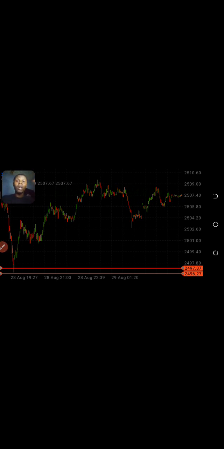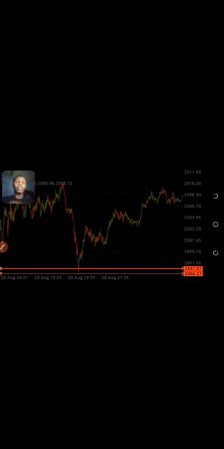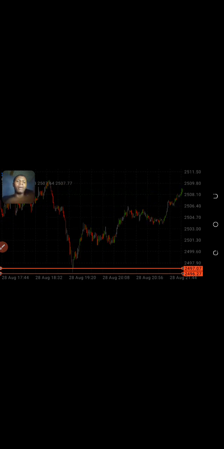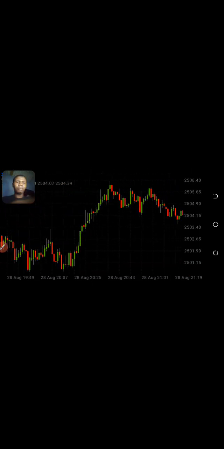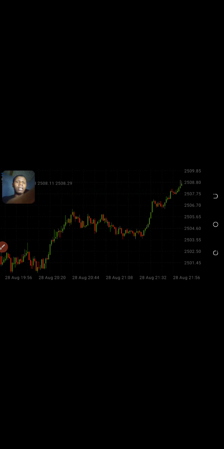I use just one tool. The other tools that I use are price action, and also I use trend line. So I'm not using trend line actually to identify what price is doing. Now, how do I identify what price is doing?